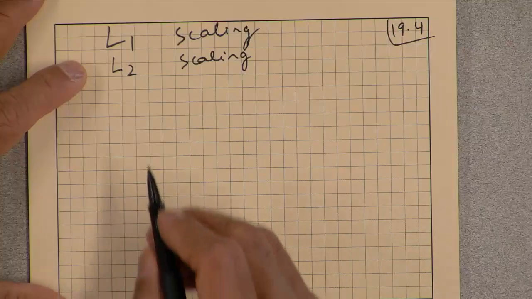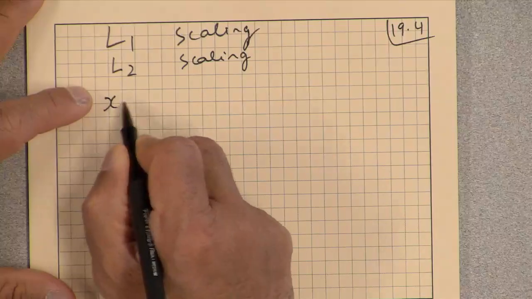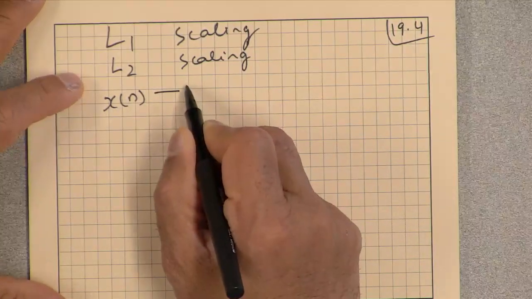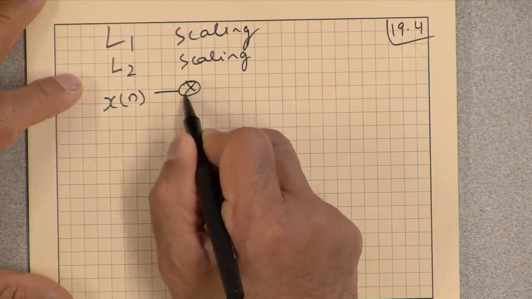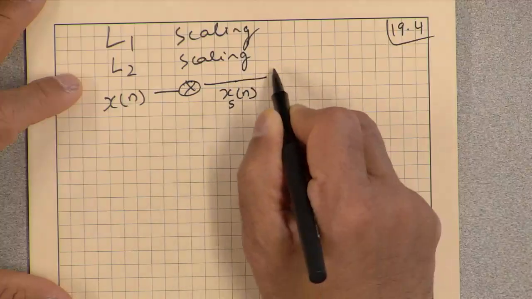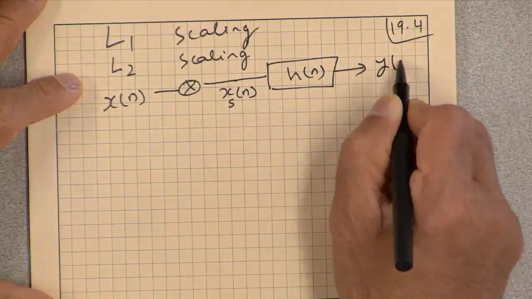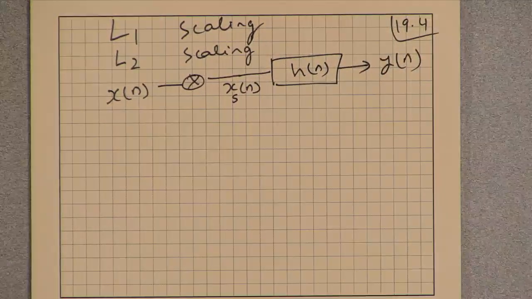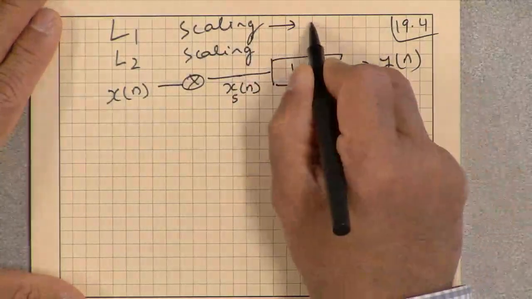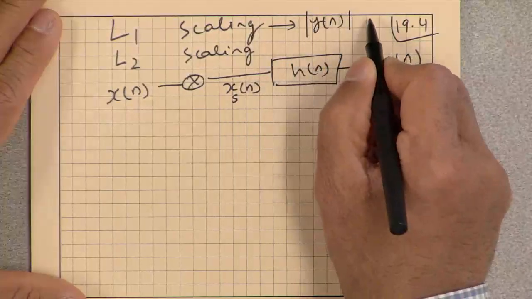The whole idea of L1 scaling: if I have a signal input x[n], and then we scale it down, we multiply it by something to get the scaled signal xs[n], and then it goes through that filter h[n] to get output y[n]. So L1 scaling tries to make sure that the output y[n] is bounded by 1.